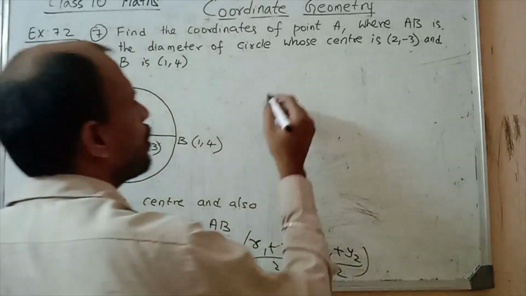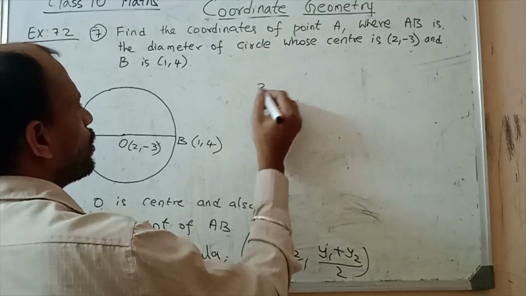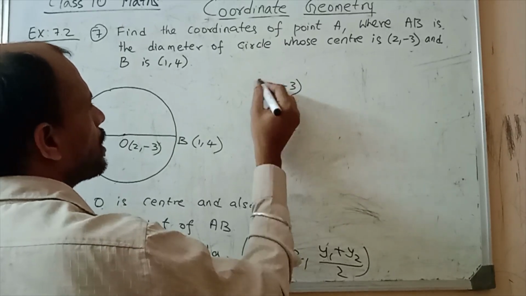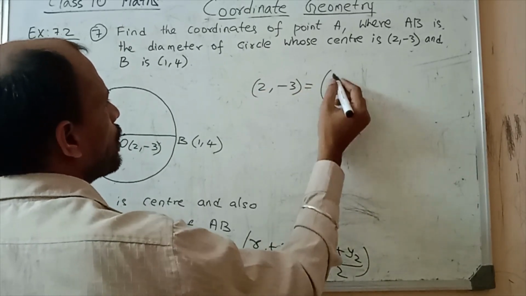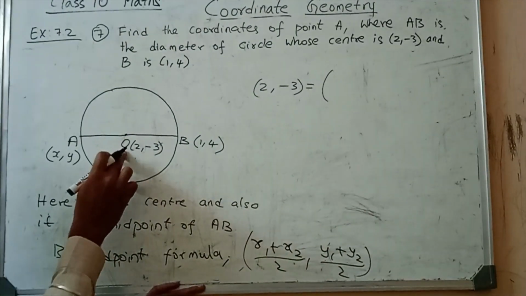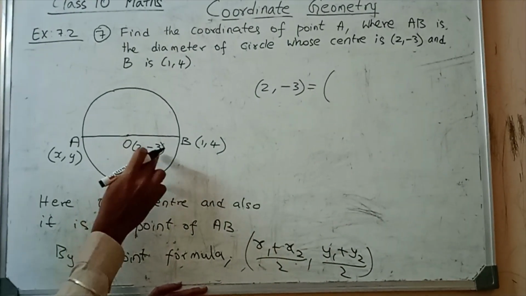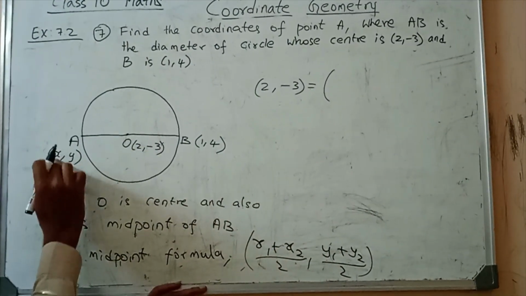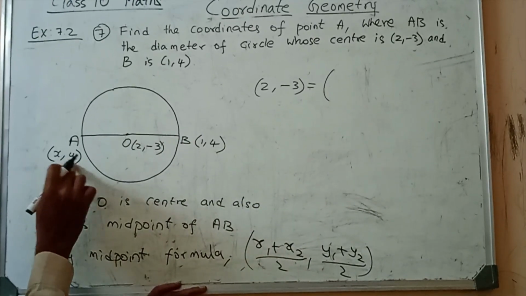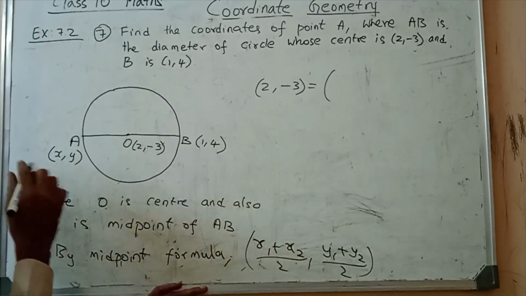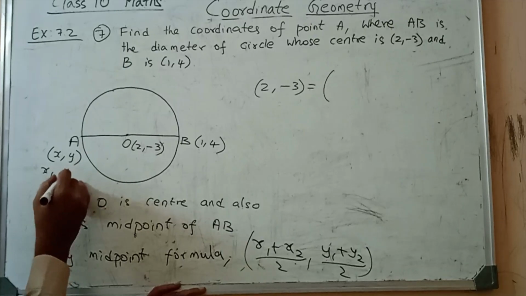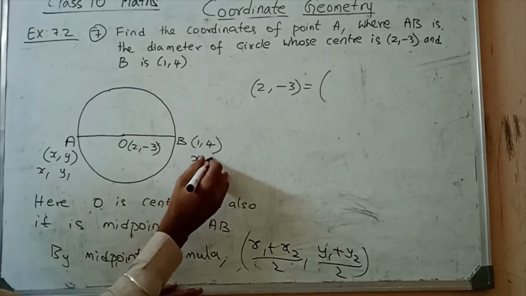We write (2, -3) is equal to, see here, O is the midpoint. Okay, so (2, -3) is equal to (x, y) and (1, 4). This is x1, y1, this is x2, y2.